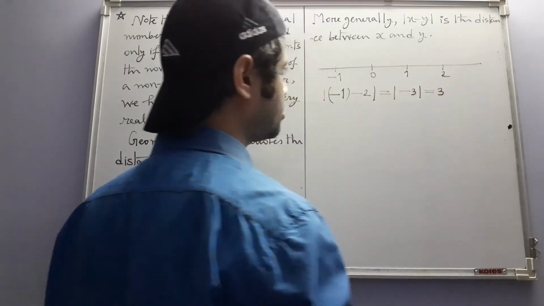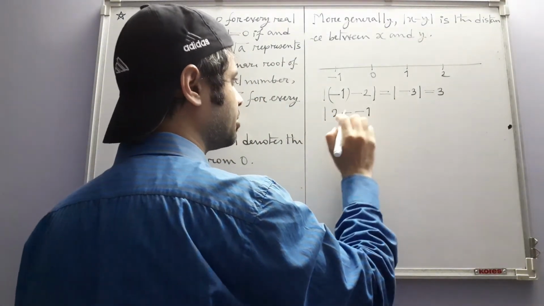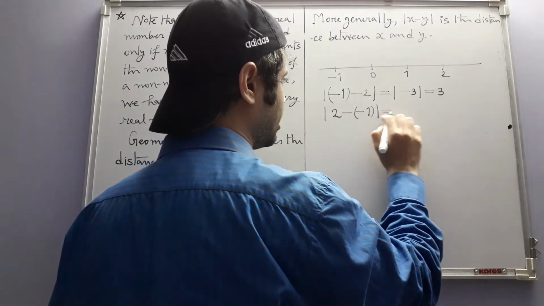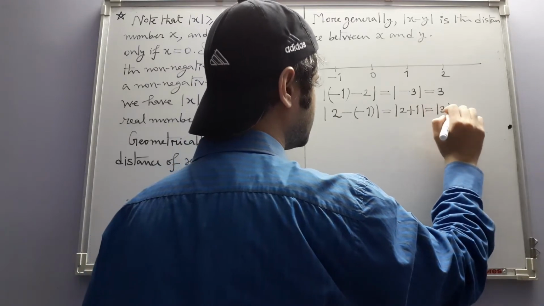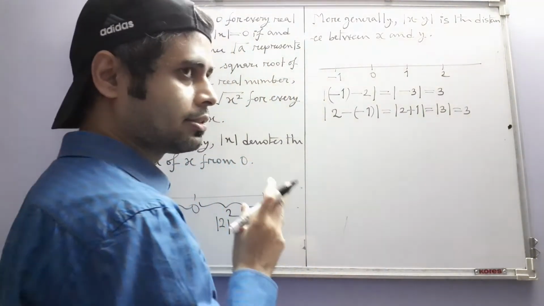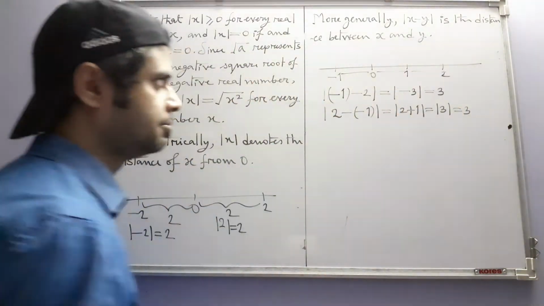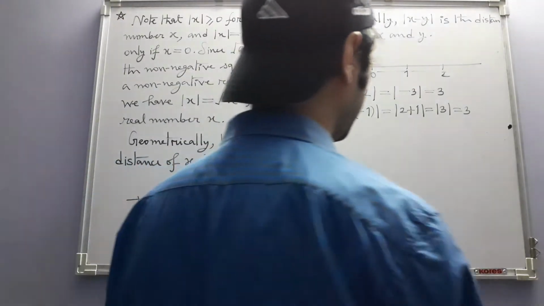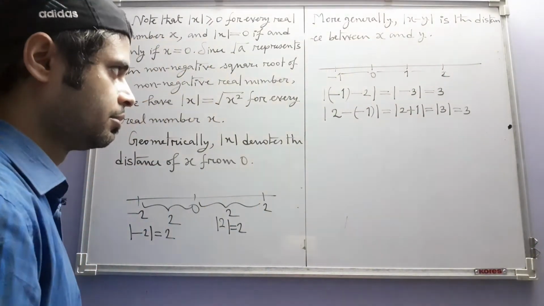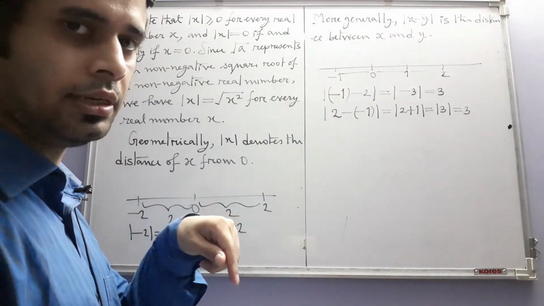This is equal to 3. Or if you want, you can also calculate 2 minus -1. That gives you 2 plus 1 equal to 3. So that is also equal to 3. And you can see that the distance is 3. 1, 2, 3. So -1 is 3 units away from 2. Or 2 is 3 units away from -1. Why these two things are equal, that we will see now.